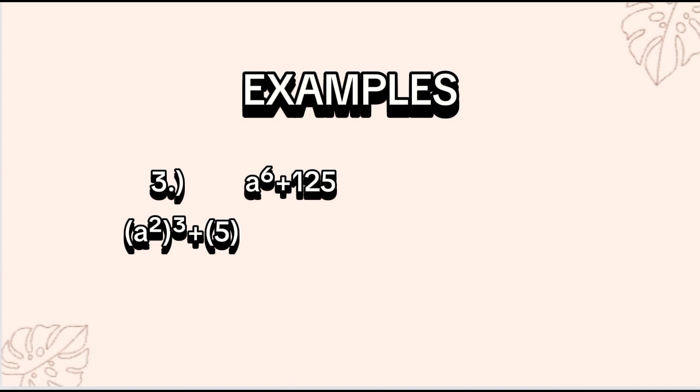Example number 3. The given problem a raised to 6 plus 125. So the cube root of a raised to 6 is the quantity a squared cubed, plus the cube root of 125 is 5 cubed. So the quantity a squared cubed plus 5 cubed is equal to the cube root of a squared cubed is a squared, plus the cube root of 5 cubed is 5, times the quantity. The square of a squared is the quantity a squared squared.